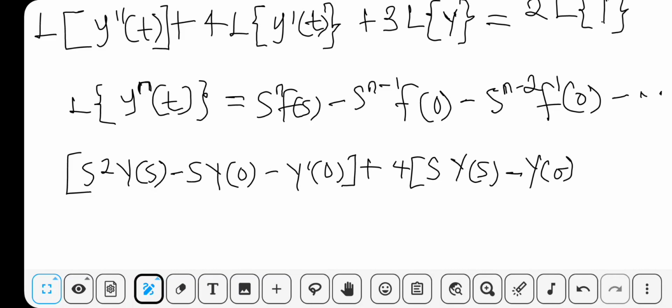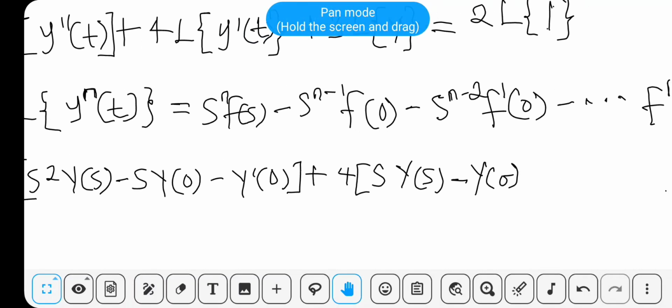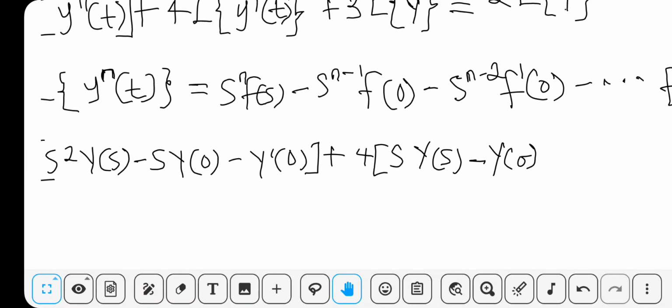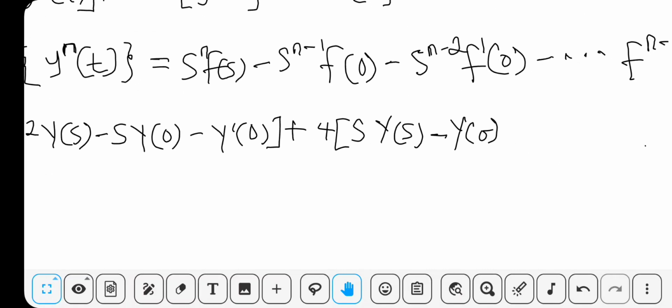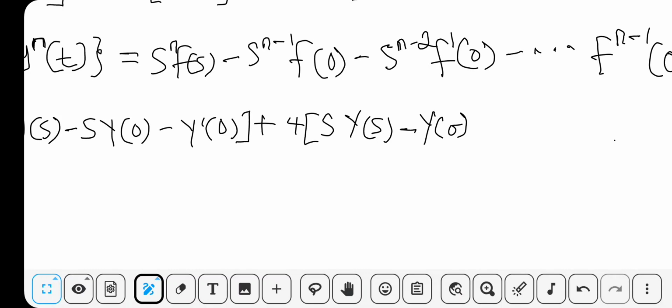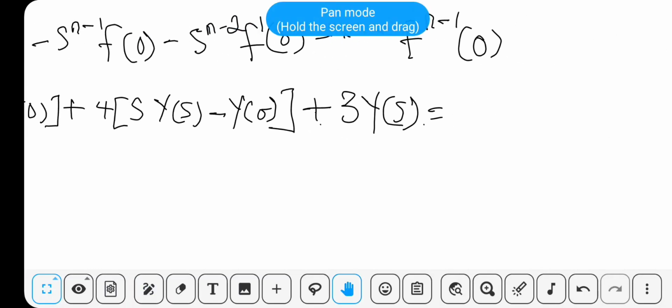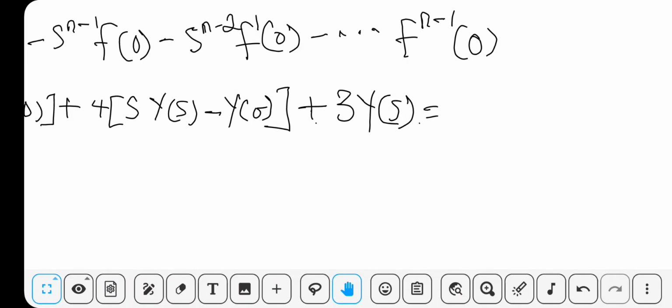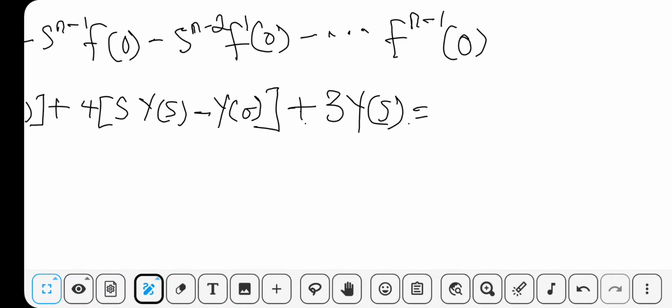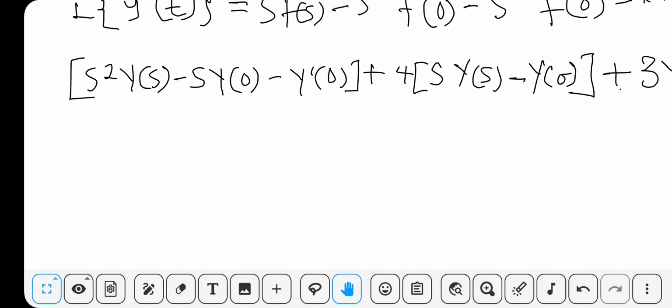From here you can see that I used F of s, F of 0, F prime of 0. It's still the same thing as saying y, so you can still use y in place of it. Then plus 3Y of s is equal to the Laplace transform of 1, which is 1 over s, so this is what you have, 2 over s.